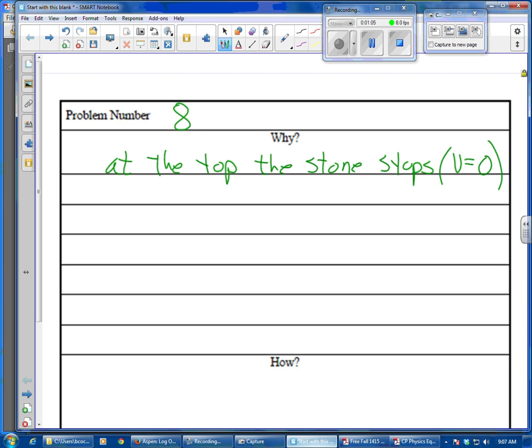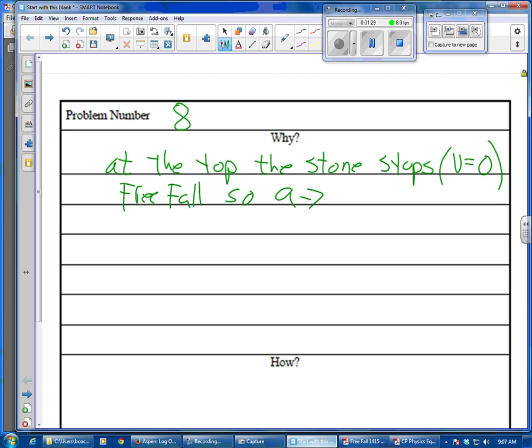What else do we know about this stone the whole time? Not at the top, it's not moving. Constant acceleration. So it's in what we would call free fall. Well, that's the title of the section, right? So what do we know about the acceleration? Well, we know it's constant.